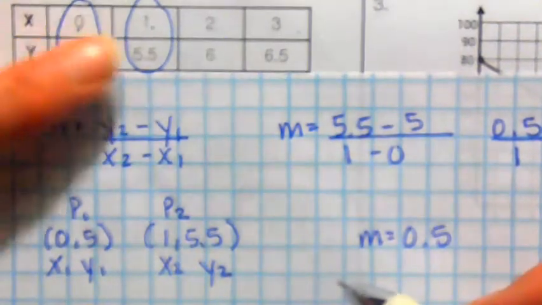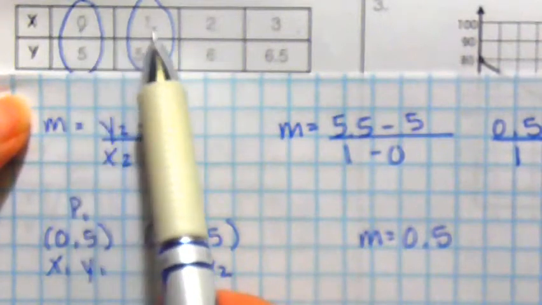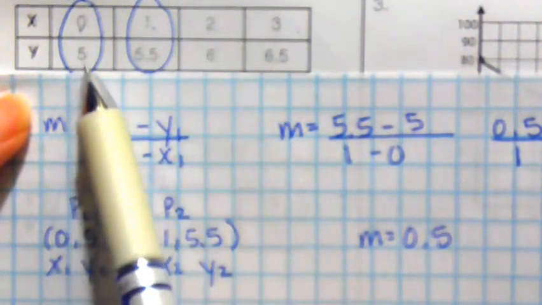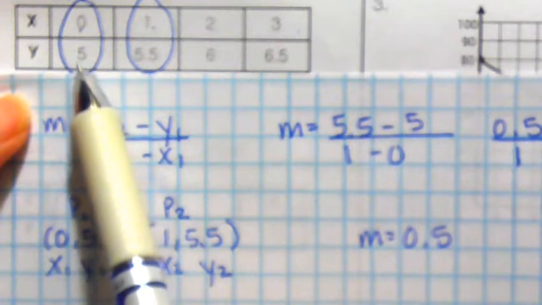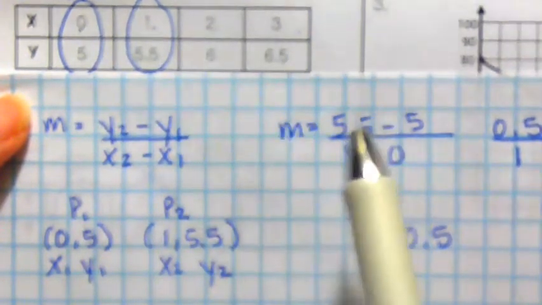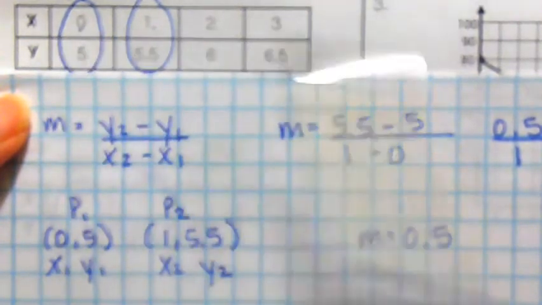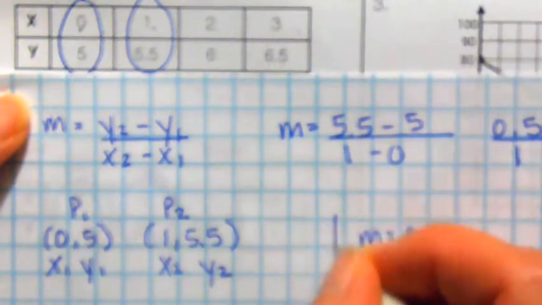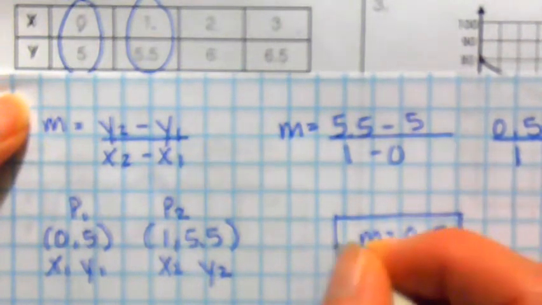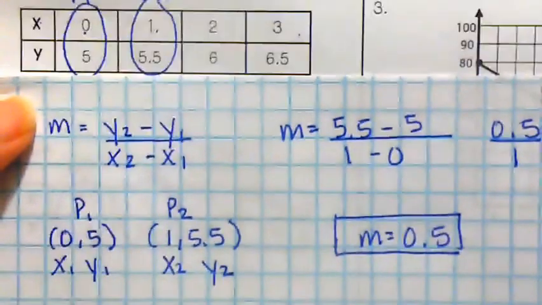So every time x goes up by 1, and it is going up by 1, here it goes 0, 1, 2, 3, y is going up by 0.5. It goes 5, 5.5, 6, 6.5. So it's going up by 0.5 every time x goes up by 1. That's why your slope is 0.5, because your slope tells you every time x goes up by 1, how much y is changing by.